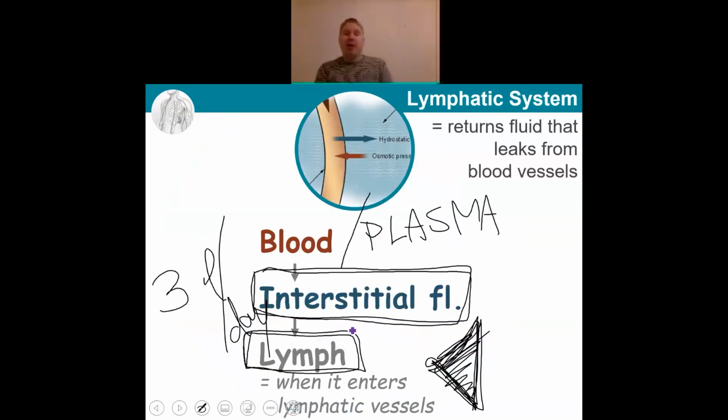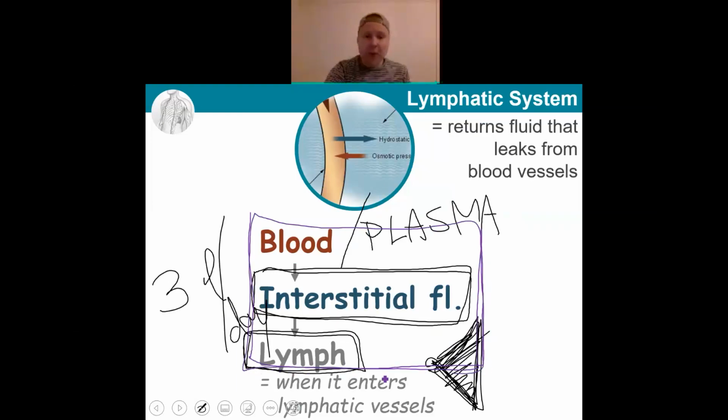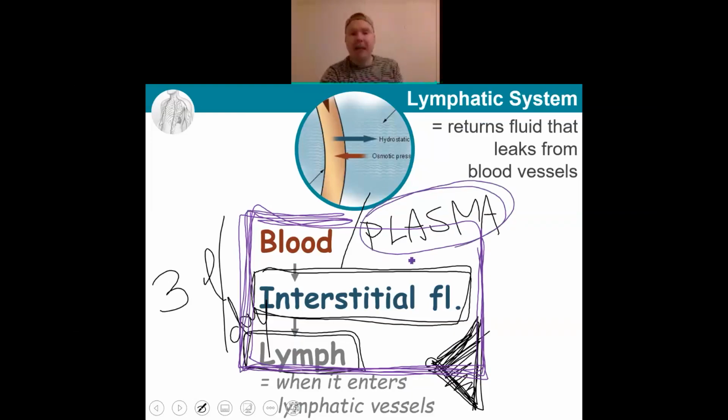But what I want to show on this slide is these 3 terms that are going to be important for us to know. So we're talking of the same stuff, but we call it different depending on what part of the body or what part of the system we're looking at. So within the blood, we had plasma.